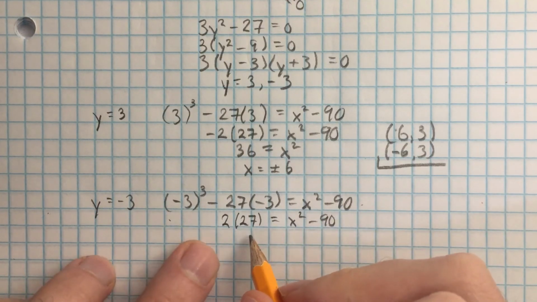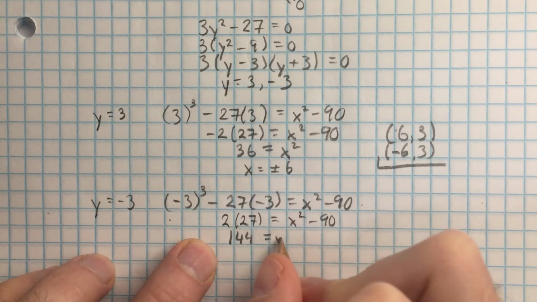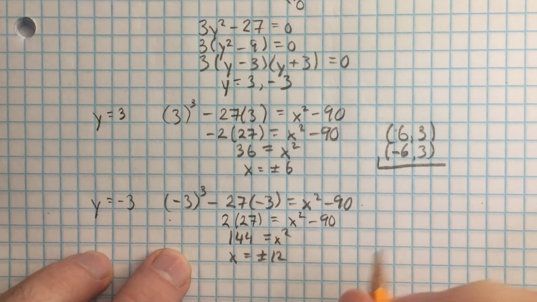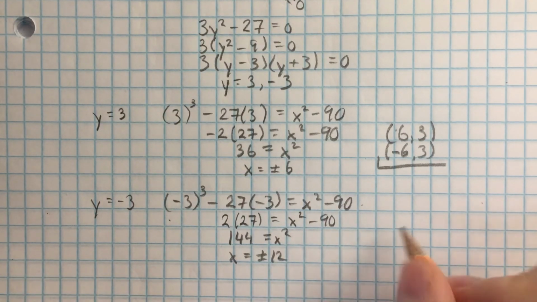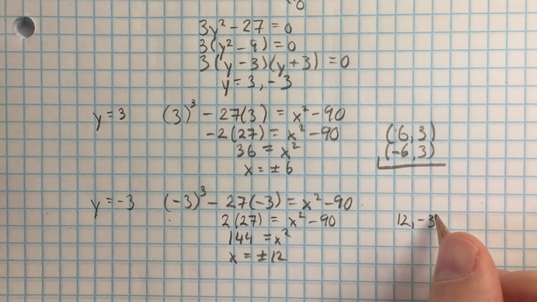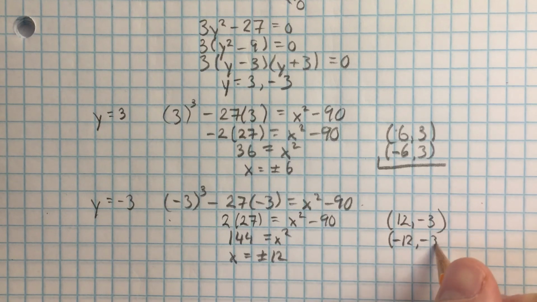We have 54 added to 90 is 144. Therefore x is plus or minus 12. So again, 2 points emerge from this. 12 comma negative 3 and negative 12 comma negative 3.